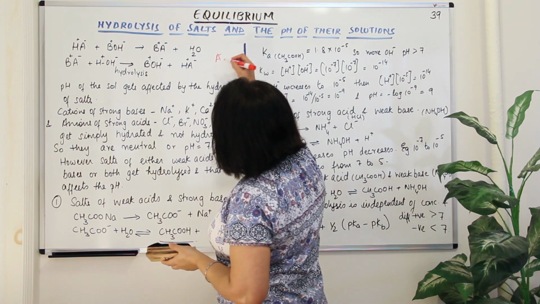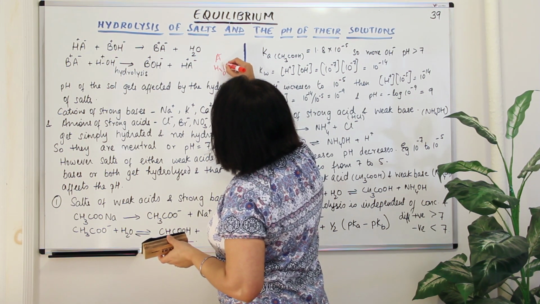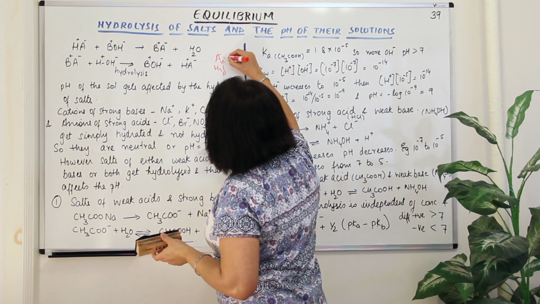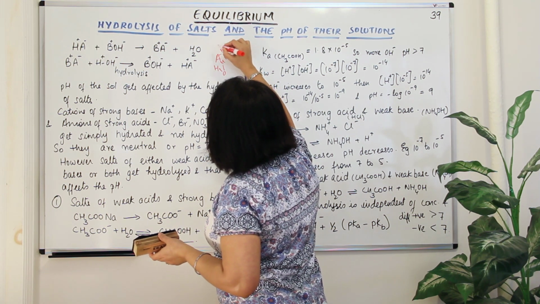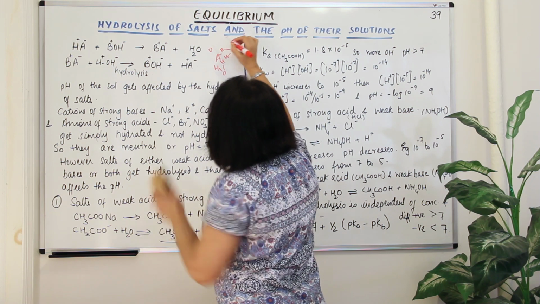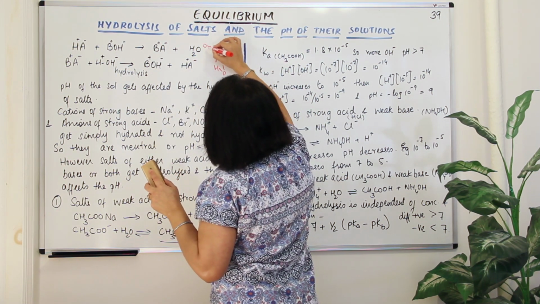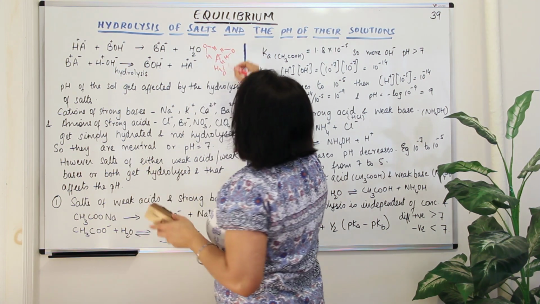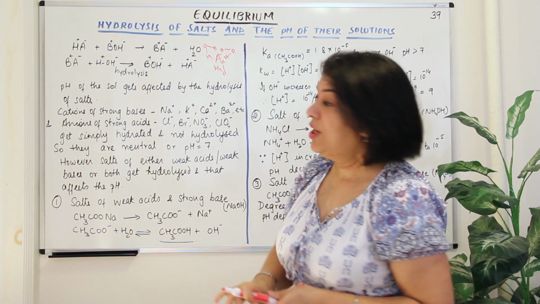Since A is negative and H is positive, the hydrogens of the water molecules point towards A and the oxygens of the water molecules point outwards. So the hydrogens are here and the oxygen is towards the outside, thus forming another complex which is also a hydration complex.